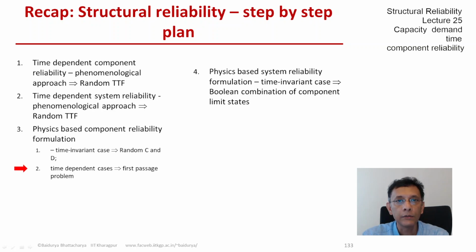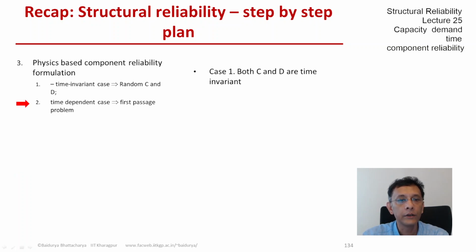To elaborate on the cases that we are going to see in the time-dependent situation, we are going to look at cases 2, 3, and 4 in this and the next lecture. We have already seen case 1, where all the basic variables were time invariant. Today we are going to look at C or D or both, capacity or demand, varying in time but non-randomly.